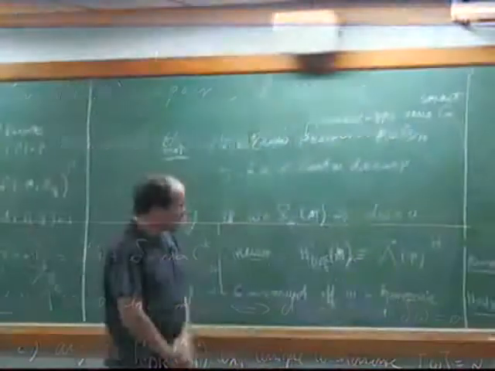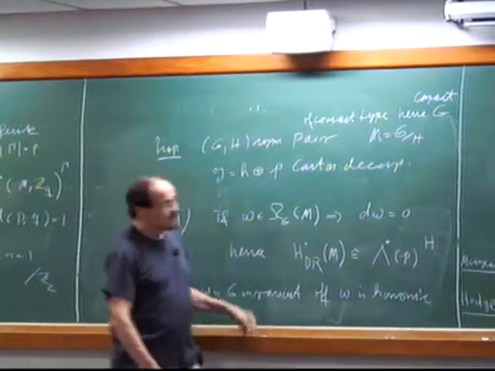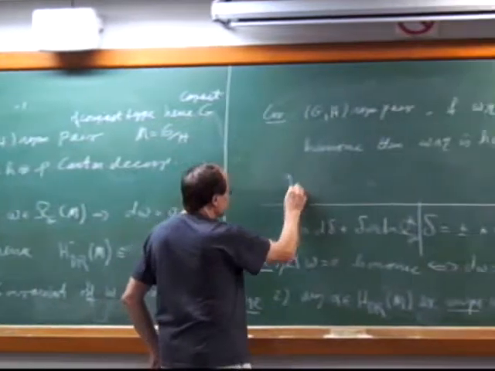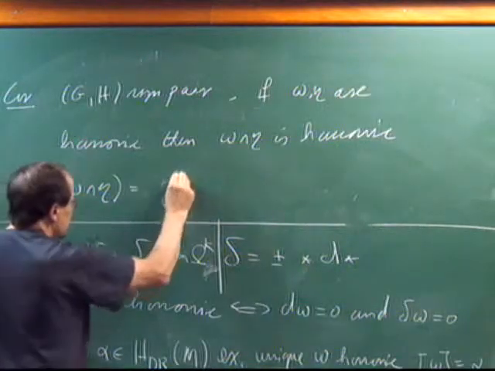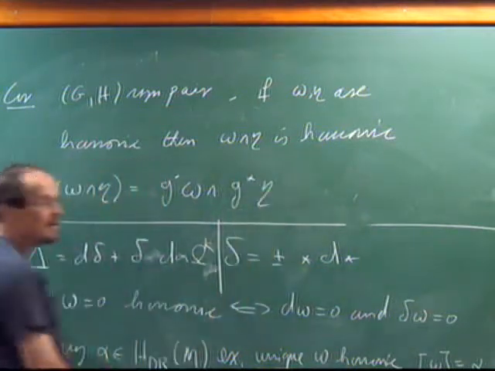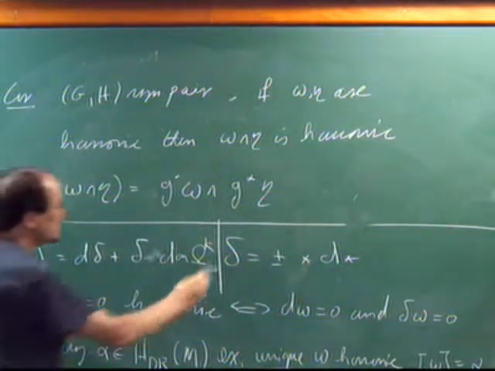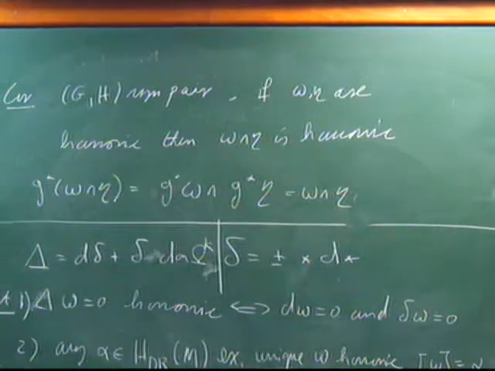Right, because what is harmonic for a symmetric space is the same thing as G invariant. If I take a wedge product, that's g star omega wedge g star eta. So for omega and eta invariant, the wedge product is also G invariant.